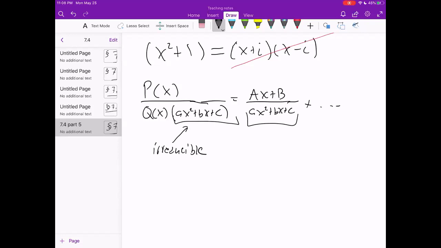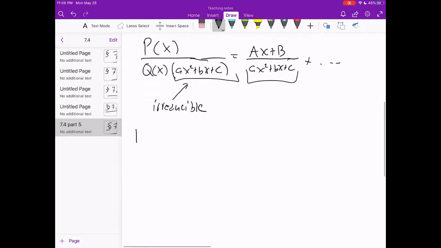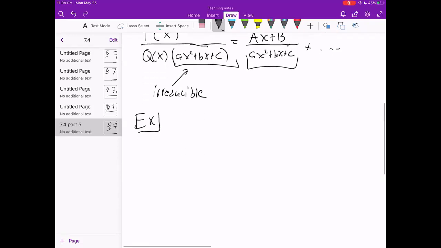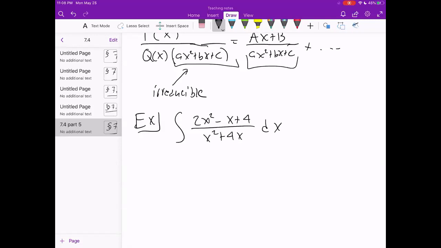So let's jump into an example of where we're going to see this. We want to evaluate the integral of 2x squared minus x plus 4 divided by x cubed plus 4x dx.